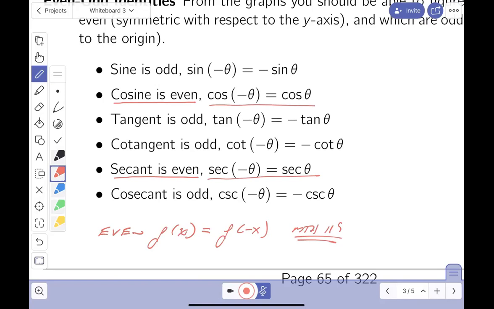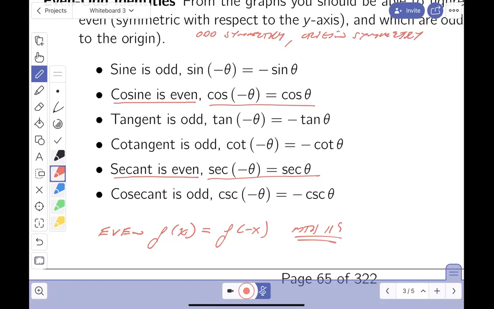Now let's talk about odd functions. Now odd functions is what's called a point symmetry. What's a point symmetry? It's an origin symmetry. So odd symmetry is often called origin symmetry. Something you did in Math 119. All right?